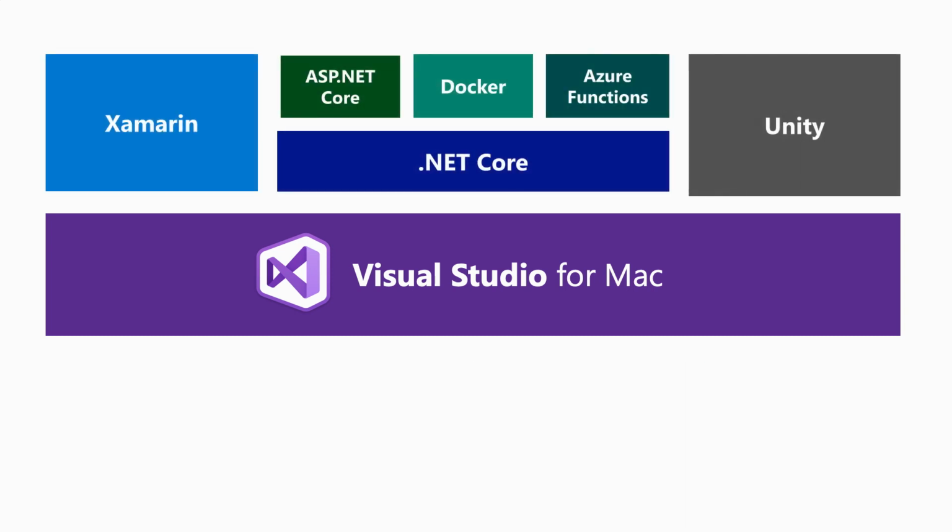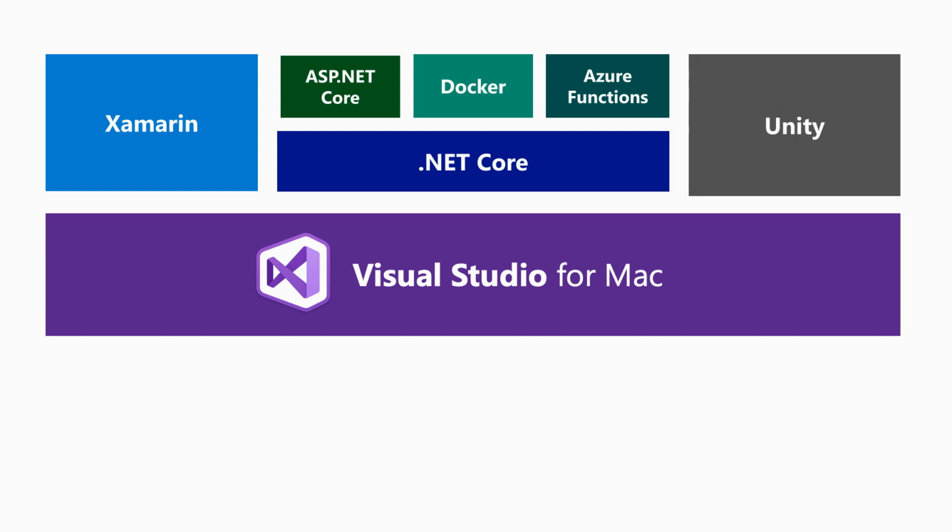And on top of that, it provides support for mobile via Xamarin Android, Xamarin iOS, and Xamarin Forms. With .NET Core, you can do ASP.NET Core for web. You can containerize those with Docker, and you can also do serverless with Azure Functions.